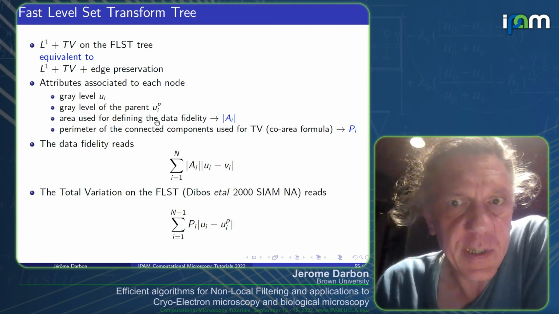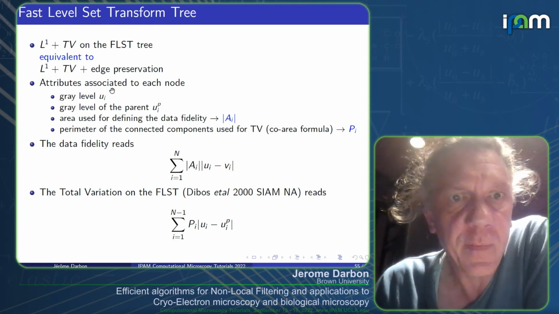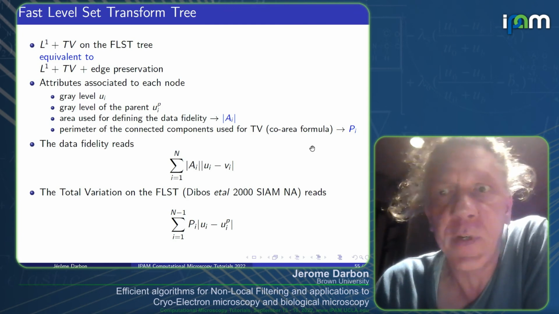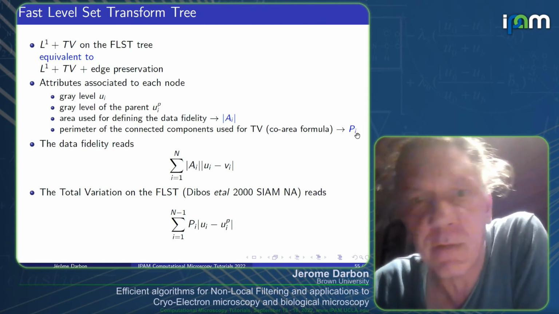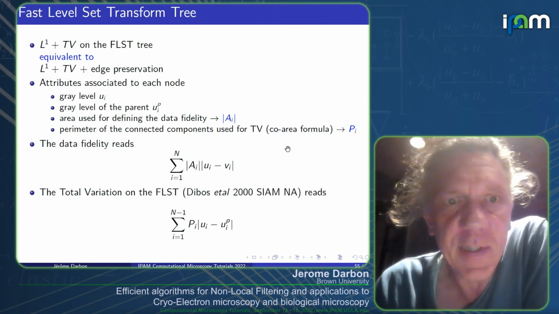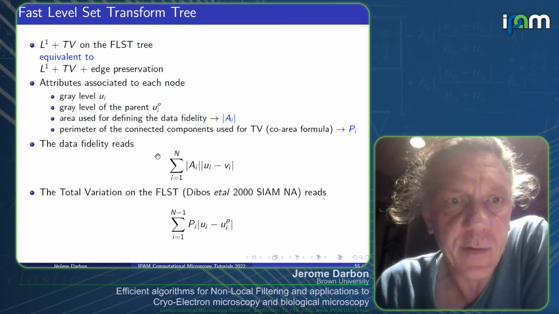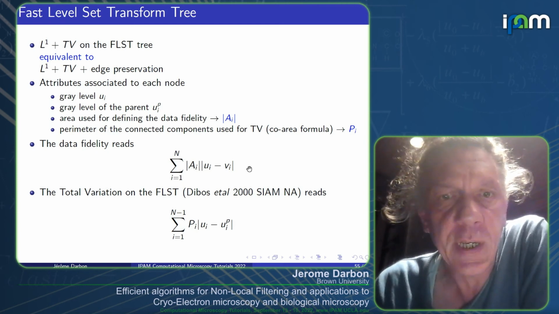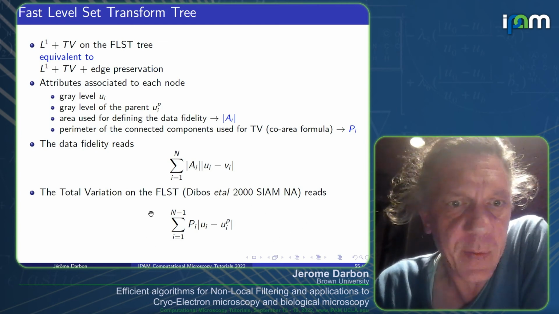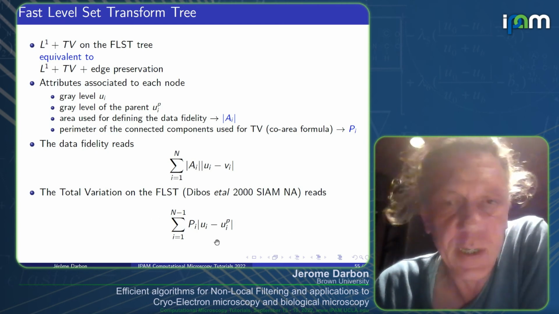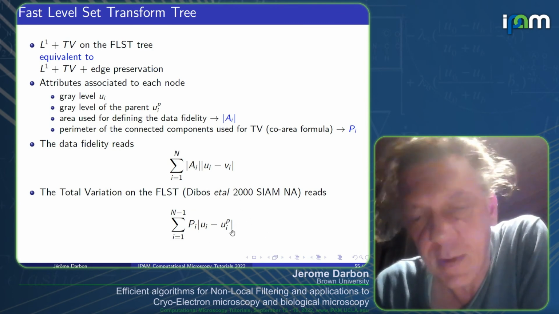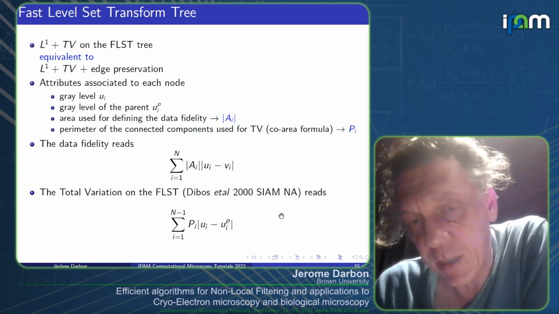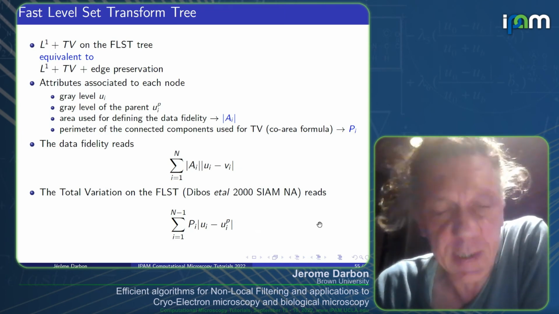I need the following quantities for each node in my tree: the gray level of the parent, the size of the connected component, and the perimeter. Once I have these quantities, I can define the L1 data fidelity for each node in the tree. And I can also define the total variation on that tree, similarly to what the coarea formula was for the general TV. We proceed as before.